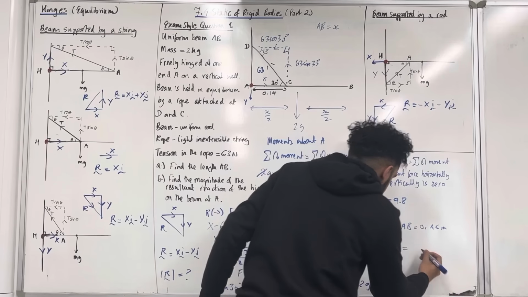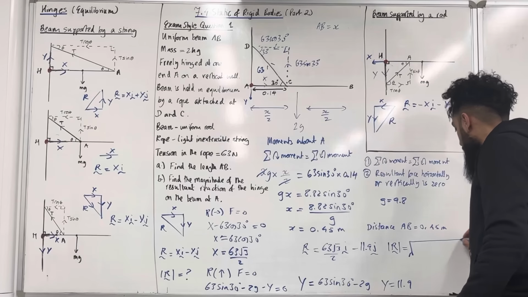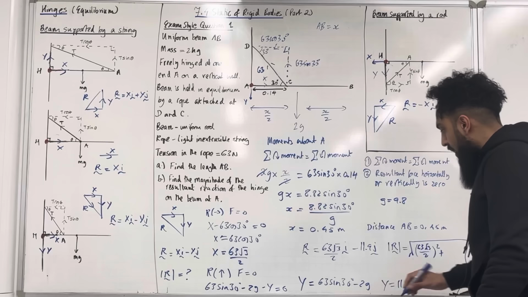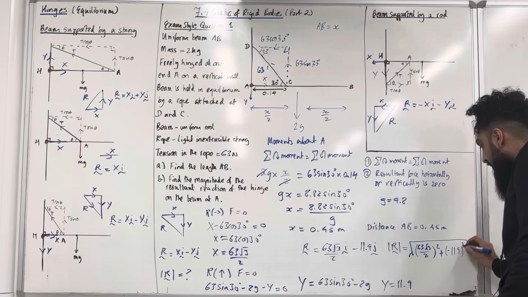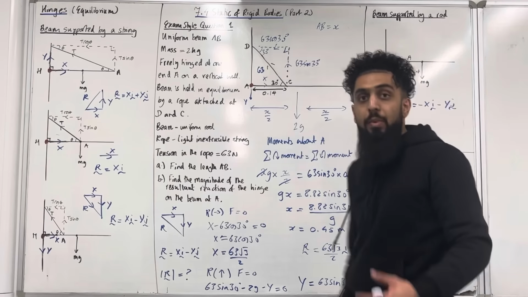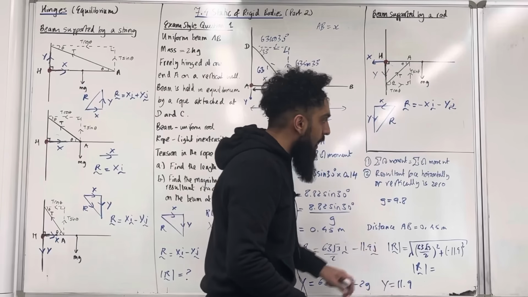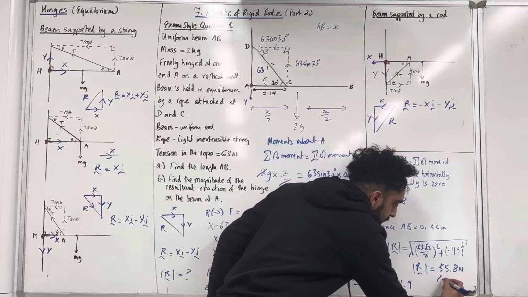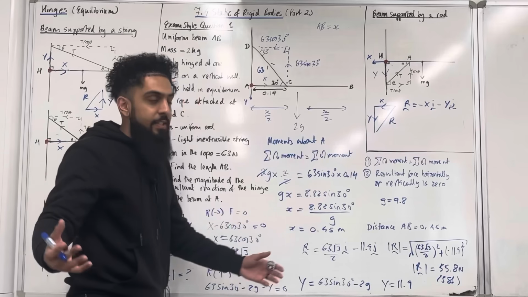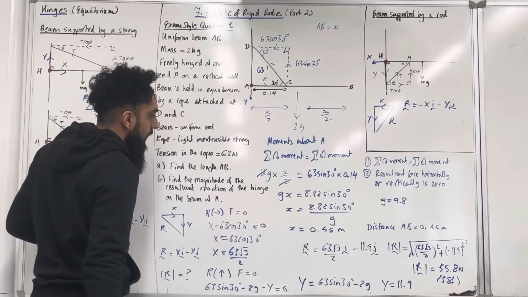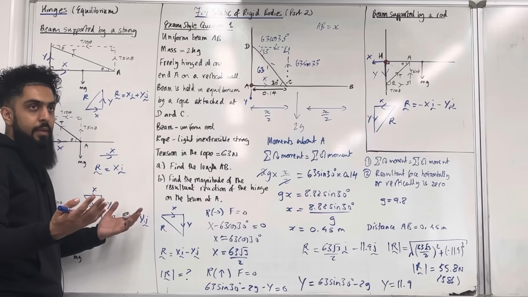The magnitude, ladies and gents, is given by the square root of the i component, 63 root 3 over 2 squared, plus the j component, minus 11.9 squared. If we put this into our calculator and round off to 3 significant figures, we end up with 55.8 newtons. And that there, ladies and gents, completes part B of the question, which was to find the magnitude of the resultant reaction of the hinge on the beam at the point A.